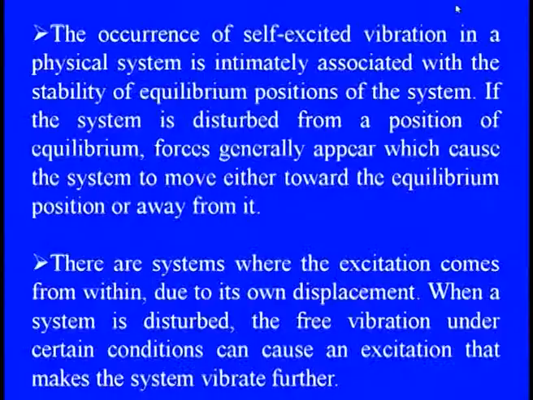So we need to check what exactly the occurrence of these self-excited vibrations is in any physical system. There are various systems where excitations come from the inside only, due to their own displacement or inherent nature. When a system is disturbed, the free vibration under certain conditions can cause excitations which make the system vibrate further and can damage it up to an extreme level.